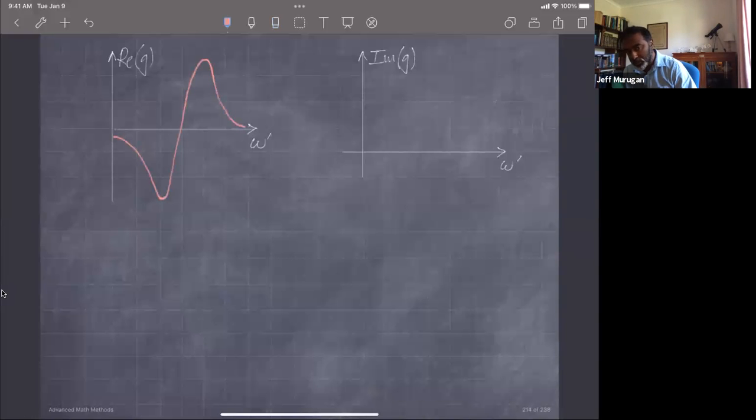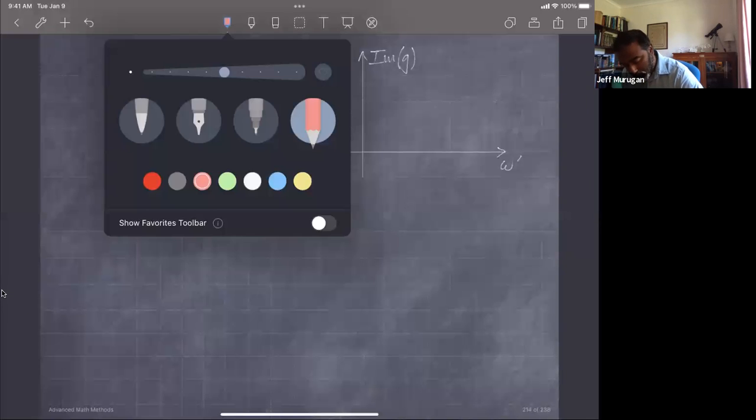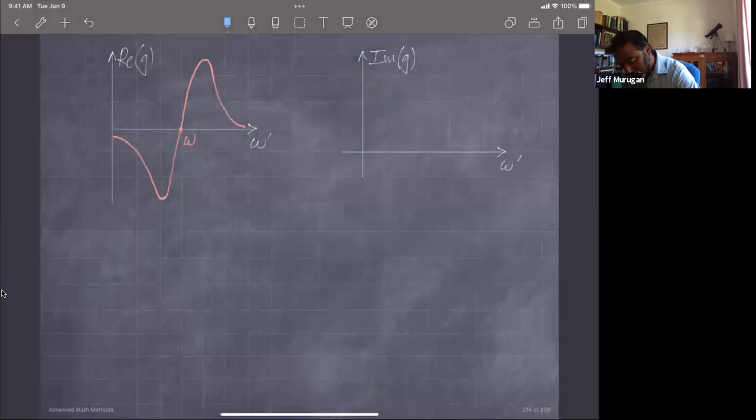So this is the real part of G, and where it cuts the axis here is precisely omega. And the imaginary part of G is the function that looks like this. And this function is peaked.